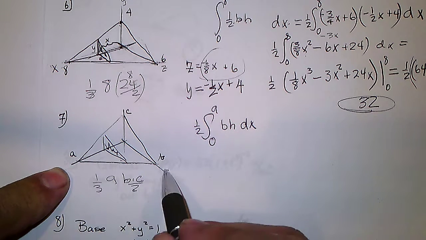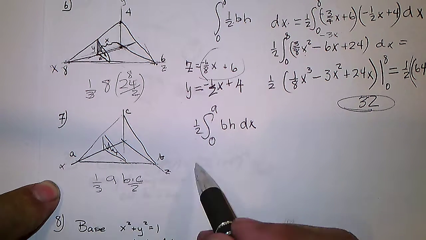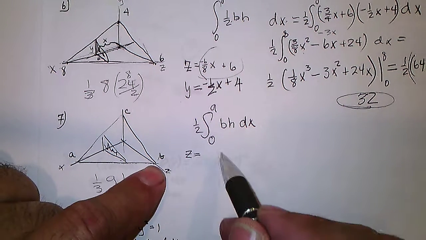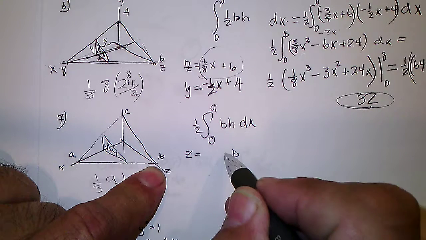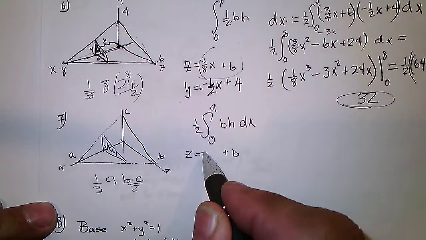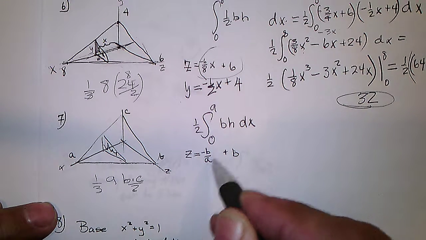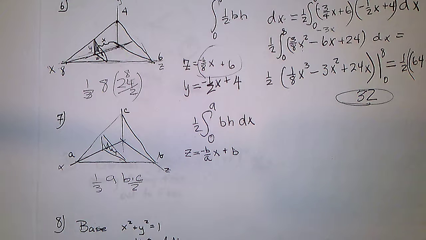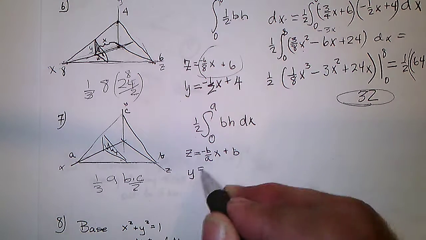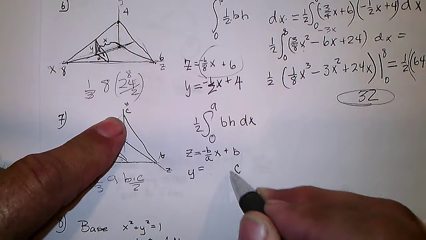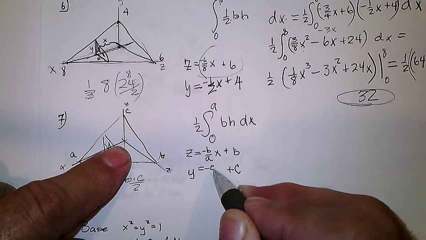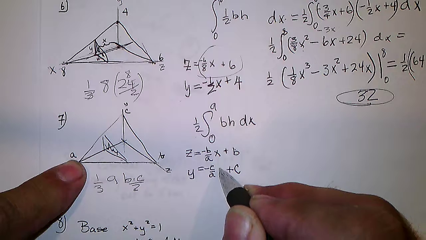If this is the z-axis and this is the x-axis, z has a z-intercept of b and a slope of minus b over a x. And y, if this is the y-axis, has a y-intercept of c and a slope of minus c over a x.